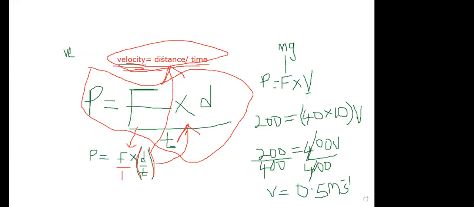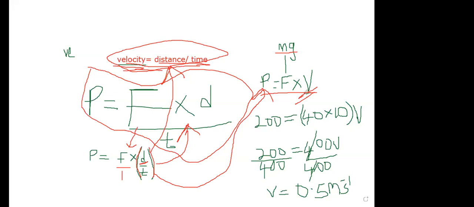Velocity is distance divided by time, which is here, d out of t. So power is equal to force, where force is mass times acceleration due to gravity, times v, velocity, which is distance divided by time.